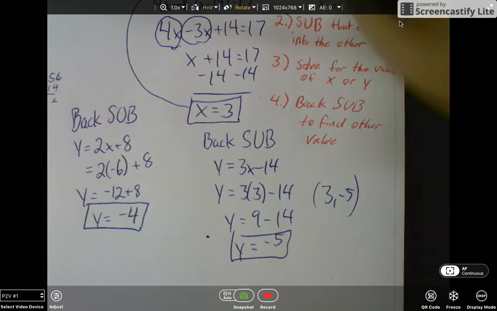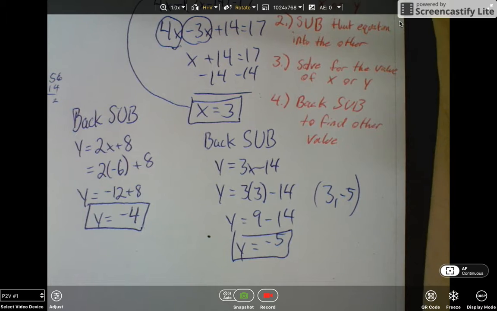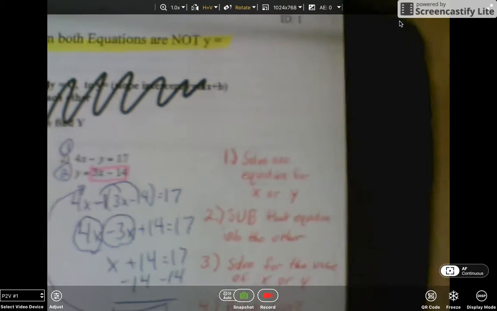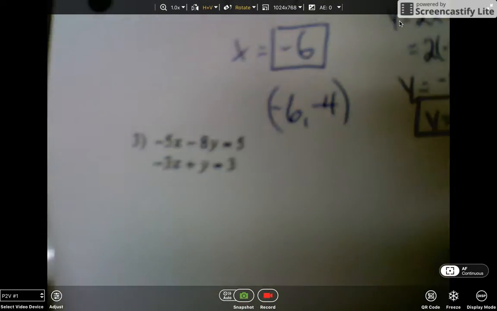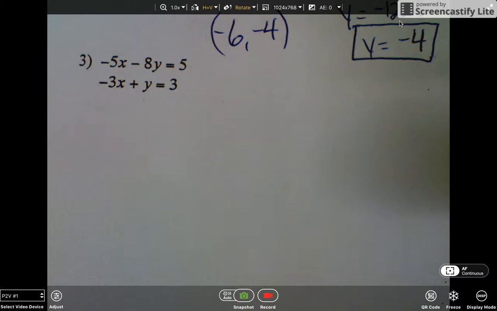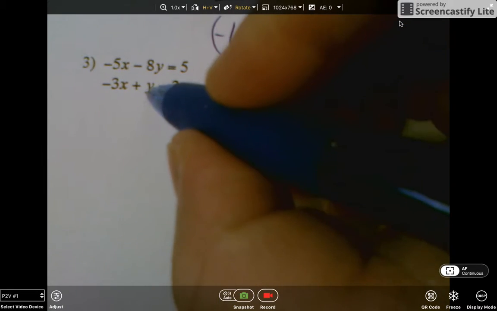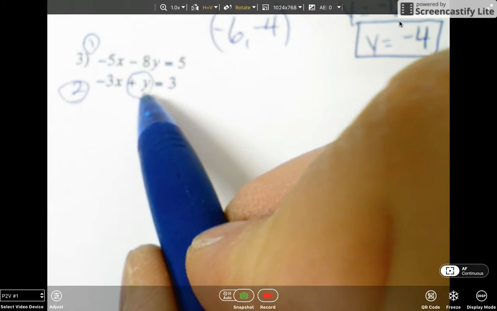So I hope you're following along with the notes. The last example is the trickiest of them all because we actually have to do step 1, which is solve one of the equations for x or y. So in this example, you'll see that neither equation is y equals. However, if you look here, this y is by itself. So I'm going to choose equation 2 and solve for that y.